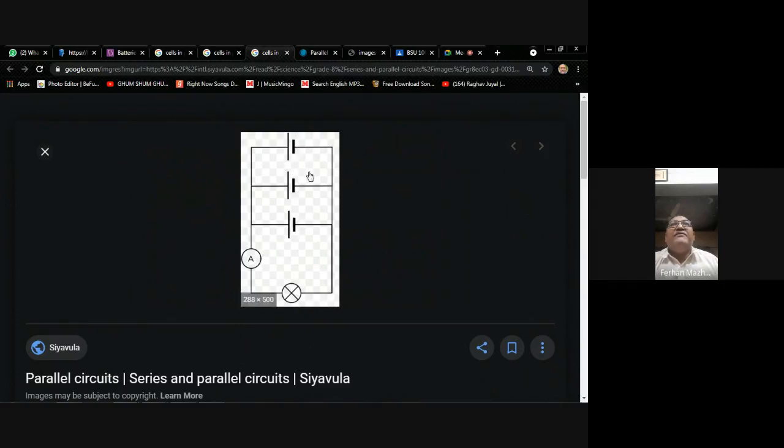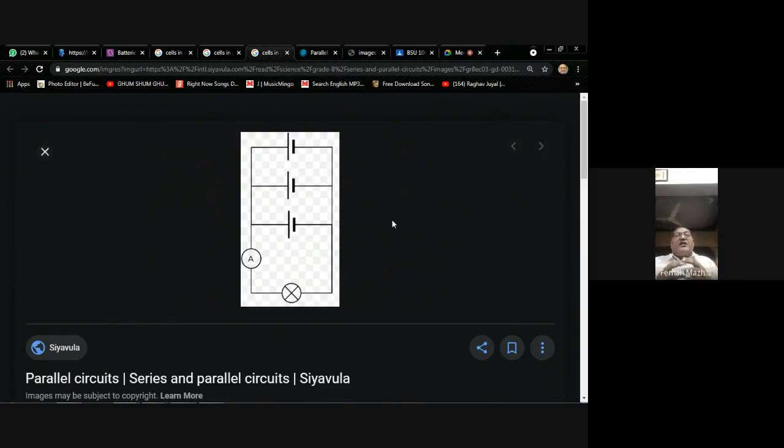EMF 1, EMF 2, EMF 3, and in our syllabus they will always be identical. Now you see this combination is called parallel. They are connected in a parallel manner because the positives of all of them are connected with each other, and the negatives of the three batteries are connected with each other.